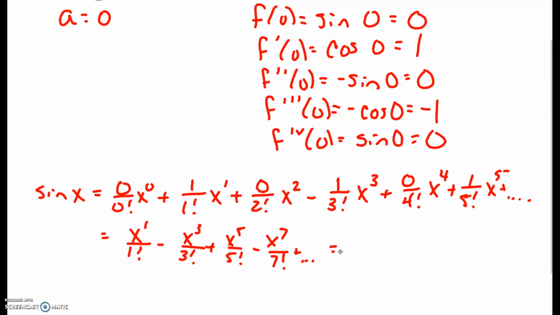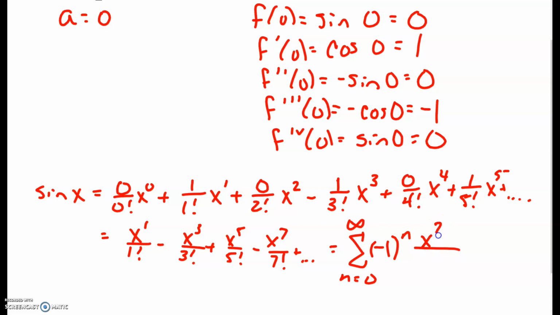To write this as a summation, we're still going from 0 to infinity. We have an alternating series, so we're going to take negative 1 to the n because our first term is positive. We only want odd powers, and we want the value of the exponent to be 1 when I plug in 0 for n.